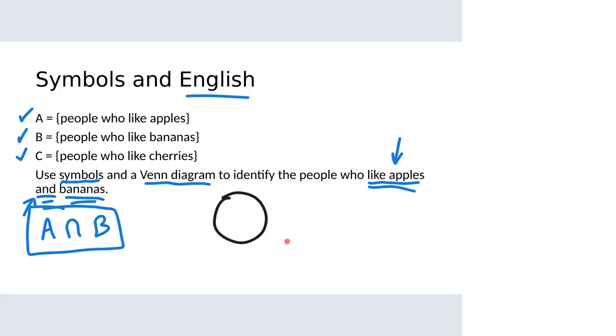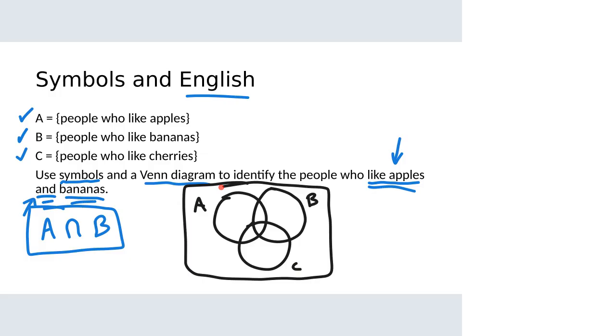And then in a diagram, ABC, A intersect B is right there in regions 2 and 5. That's where A and B overlap. Those are the people in this picture who like apples and bananas. Just to sort of re-emphasize it, here's the people who like apples.